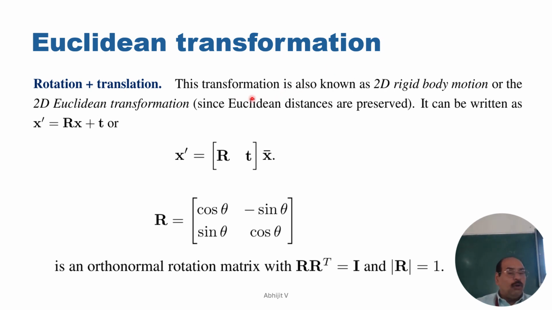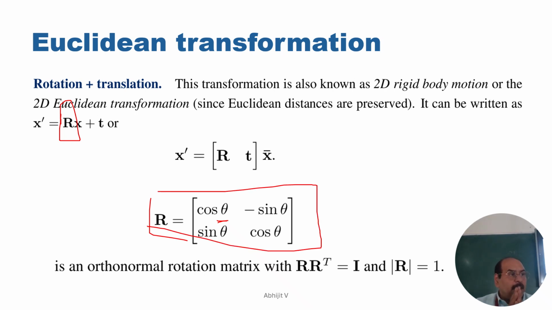It's also known as 2D rigid body motion or Euclidean, and it can be written as x dash equals R into x plus t. So here this R makes the difference because you are rotating this image by an angle theta. The R matrix is represented as cos theta, minus sin theta, cos theta.